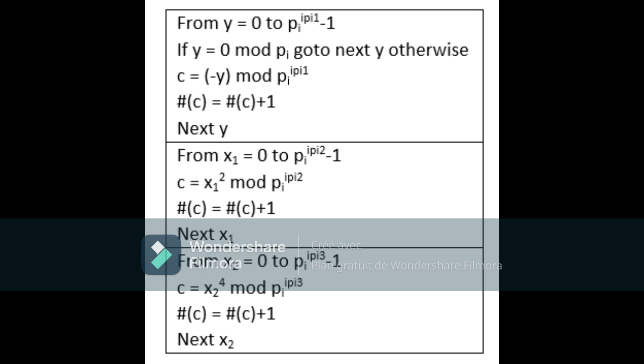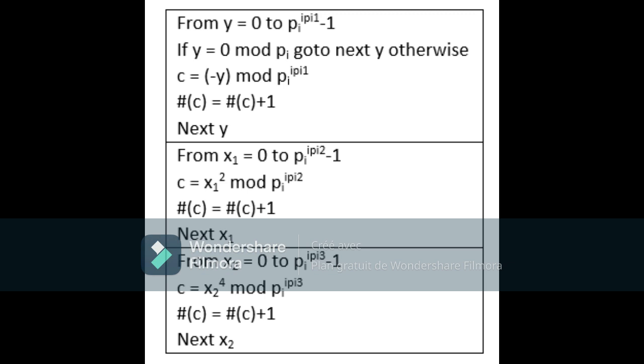The viewer will observe that the first loop here, which corresponds to a variable taking only prime number values, is treated in a different way than the two next loops dealing with standard variables taking integer values. As shown, the loop contains an additional condition skipping all the instances where the variable is a multiple of pi. This condition is necessary and sufficient, and the origin of this specific treatment is explained in our mathematical articles.